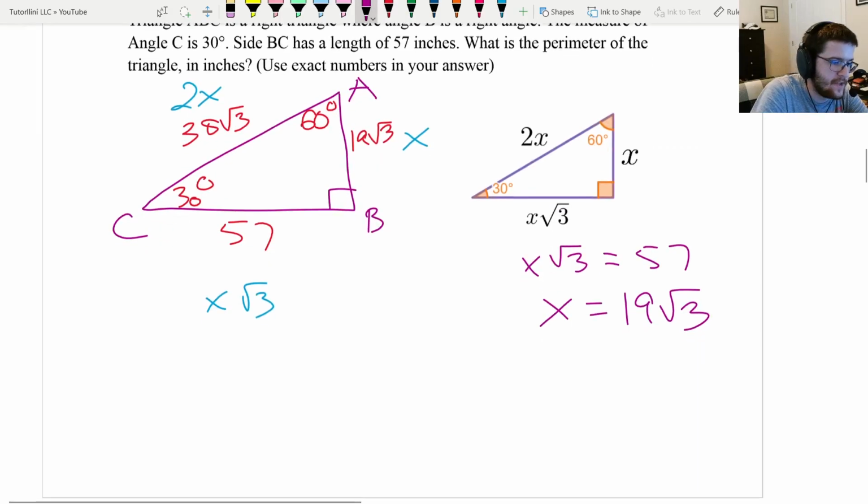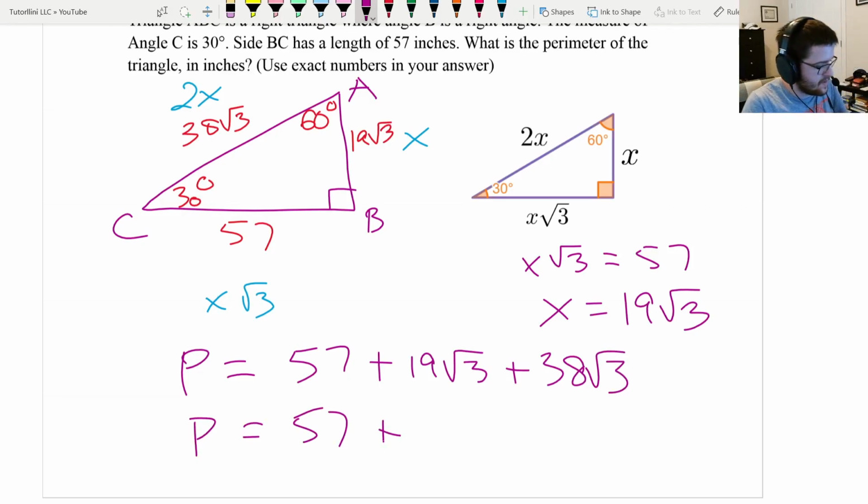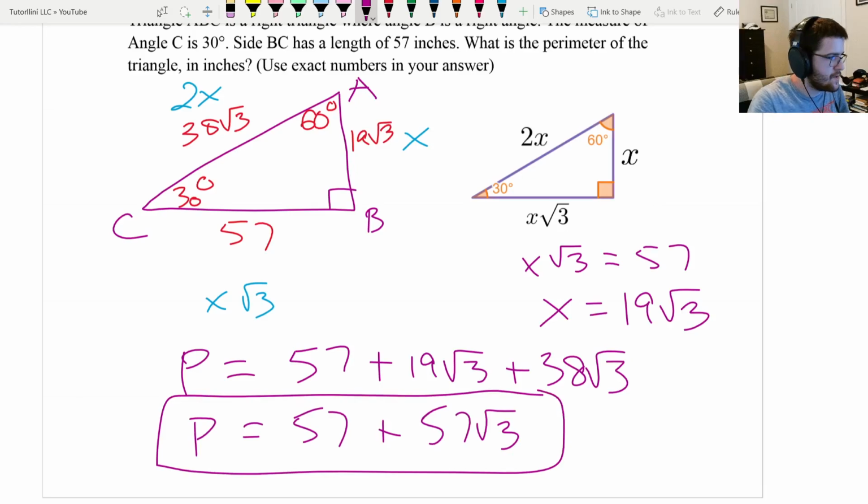And now to find the perimeter, I think that's what we want to do for this one, is we're going to add them all up. So 57 plus 19 root 3 plus 38 root 3. So that should be 57 plus, what's 19 plus 38? 57 root 3. And that would be in inches.